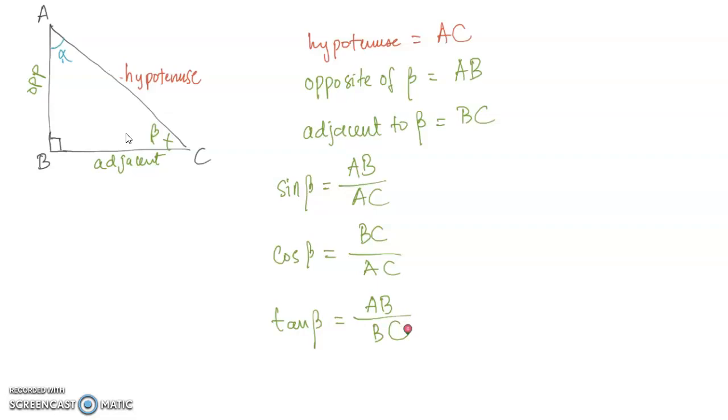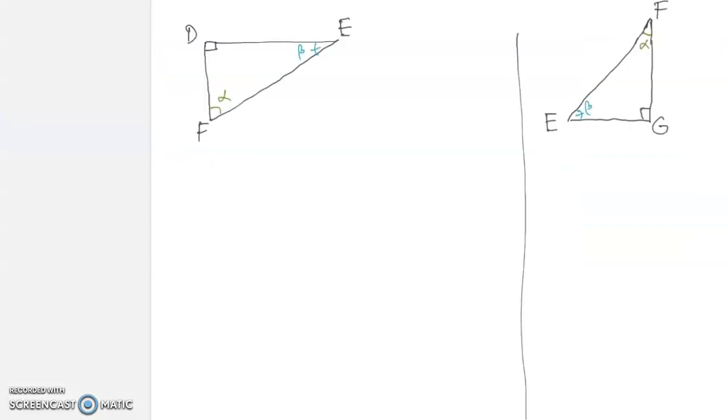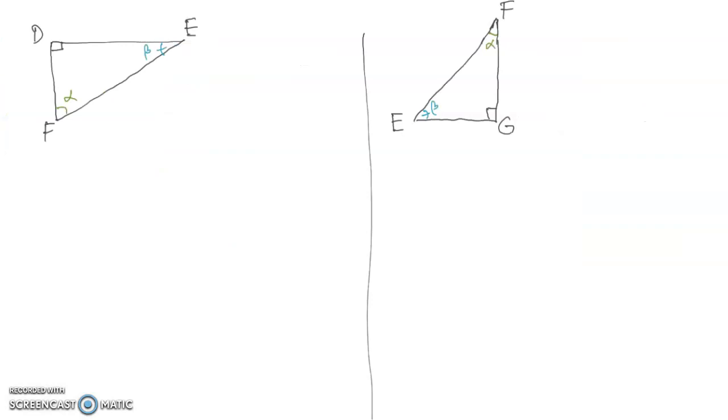Okay. All right. So let's do some more practice. In this case, I want you to find for me sine, cosine, tangent of alpha and beta for these two right triangles. Again, please pause this video and do it in your notebook, and then check the answer later.